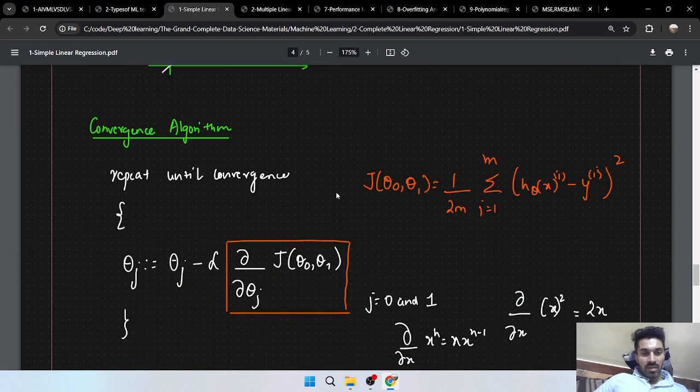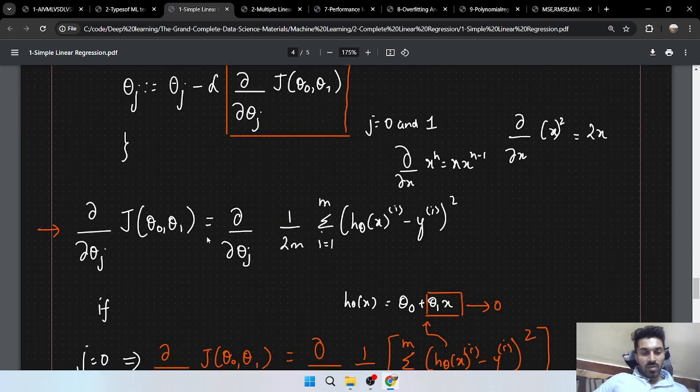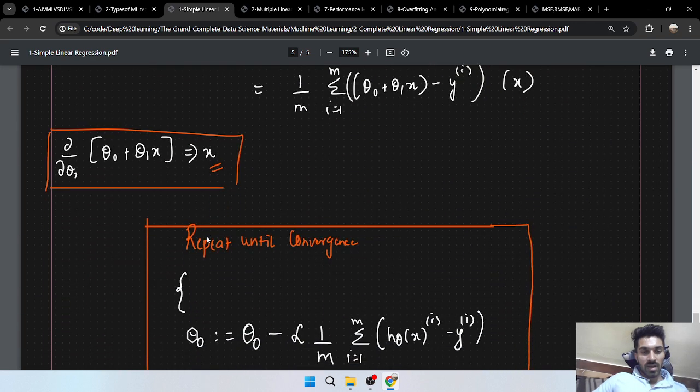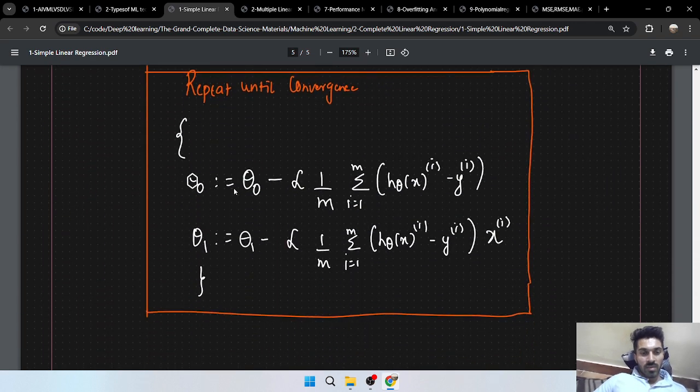And the convergence algorithm is w new equals w old minus alpha, as I have already said. You have seen 1 upon 2m, but after the derivation the 2 comes below and 2 by 2 cancels, giving alpha by m times the summation of h of theta, the predicted value, minus the actual value.